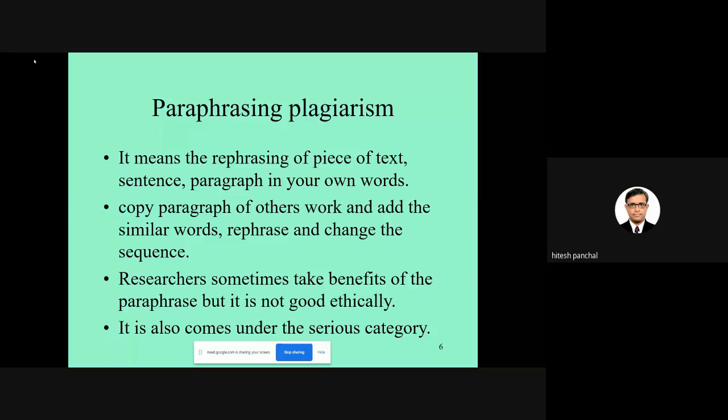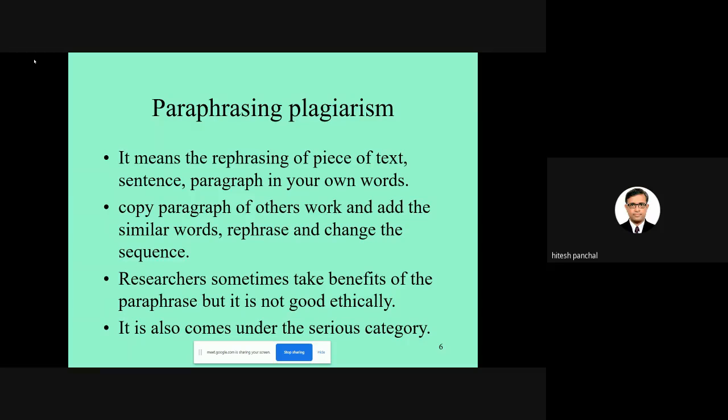Actually, what will happen in paraphrasing plagiarism? If we don't have Authenticate or Turnitin software, and you have one paragraph and you need to use the same paragraph in your research article, what will you do? You will search on Google for paraphrasing software.